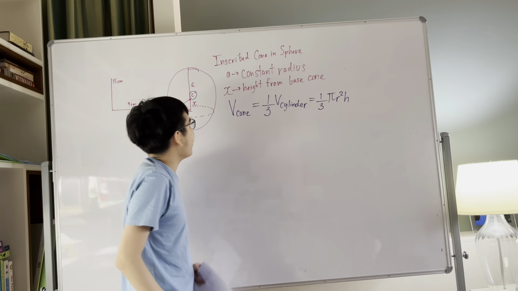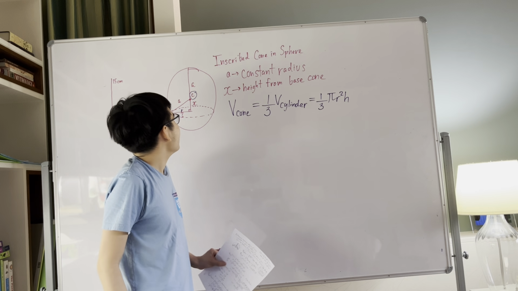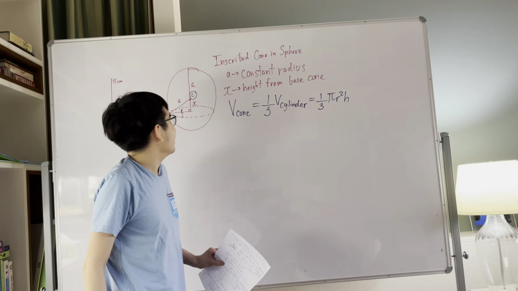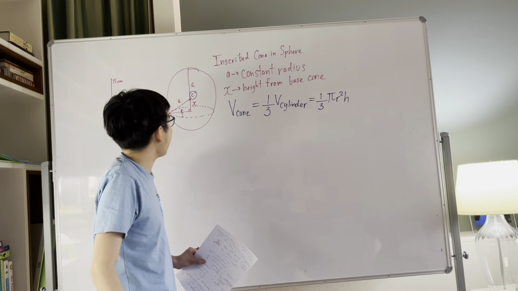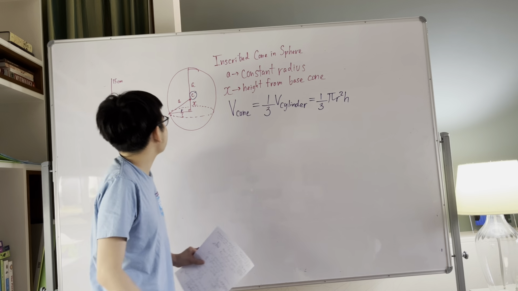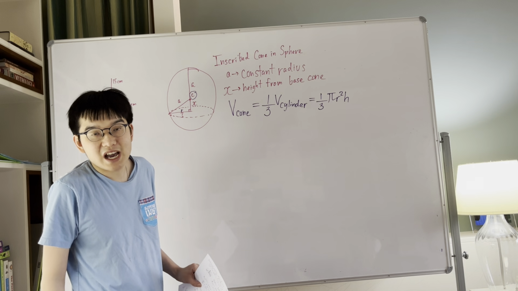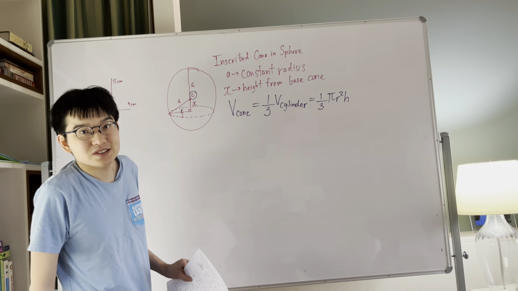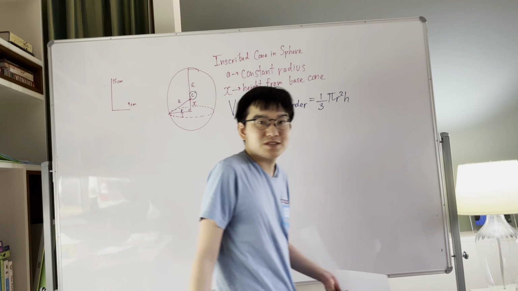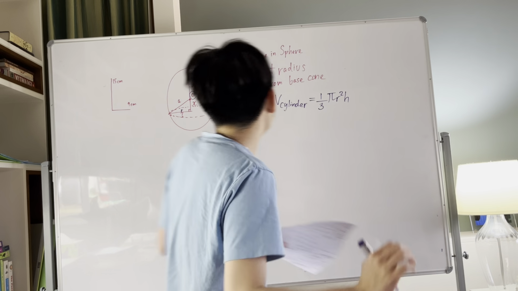Okay, but h and r, we now need to swap those terms with the variables we are given in this problem. Now r, if I'm not mistaken, is going to be this unknown length here, which is the missing side of a right angled triangle. And what theorem can we use to find a missing side? The Pythagorean theorem.